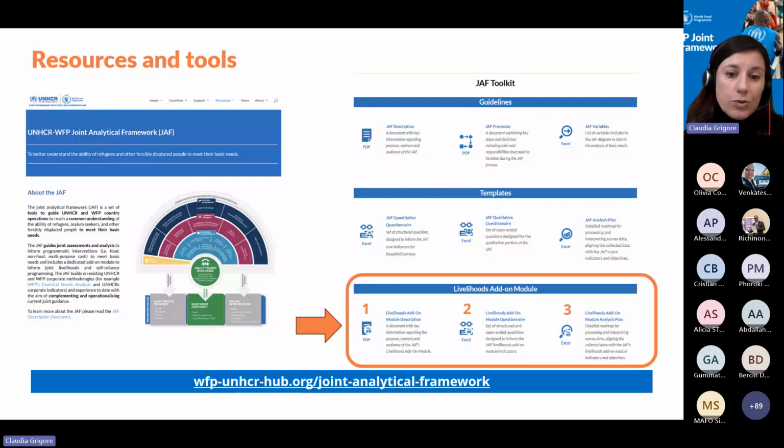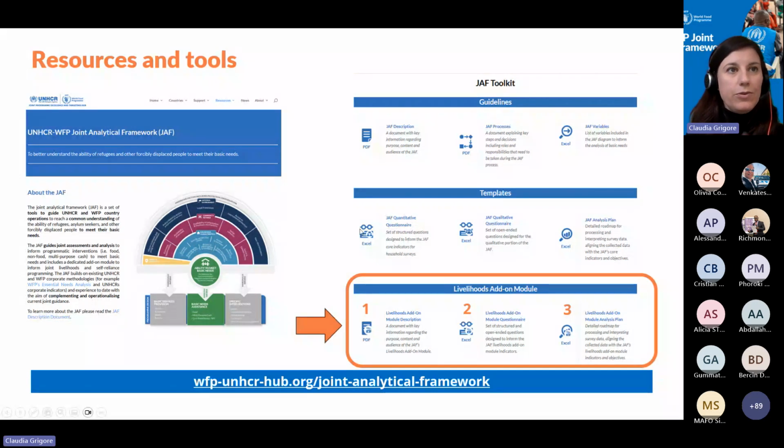And it is important to note that the Livelihoods module has been developed taking into consideration existing data collection exercises mapped out by UNHCR and WFP, such as, for instance, RMS, the Findex World Bank Survey, or the UNHCR Global Survey on Livelihoods and Economic Inclusion, or even the bigger JAF itself, as it can be used very easily with the JAF itself.